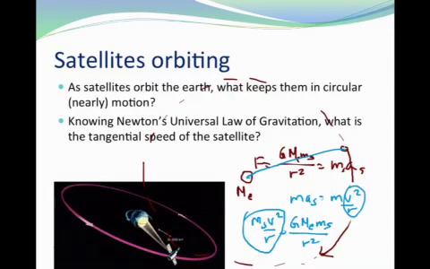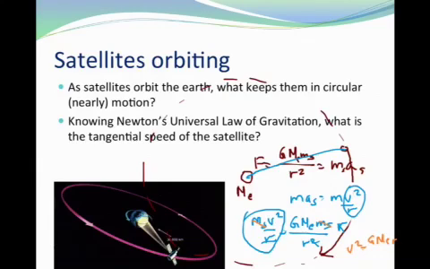Now you'll see that the mass of the satellite cancels from both sides, and you can bring one of the r's over here, multiplying both sides by r, and you lose one of those. And so we get v squared is equal to G times the mass of the Earth over r.